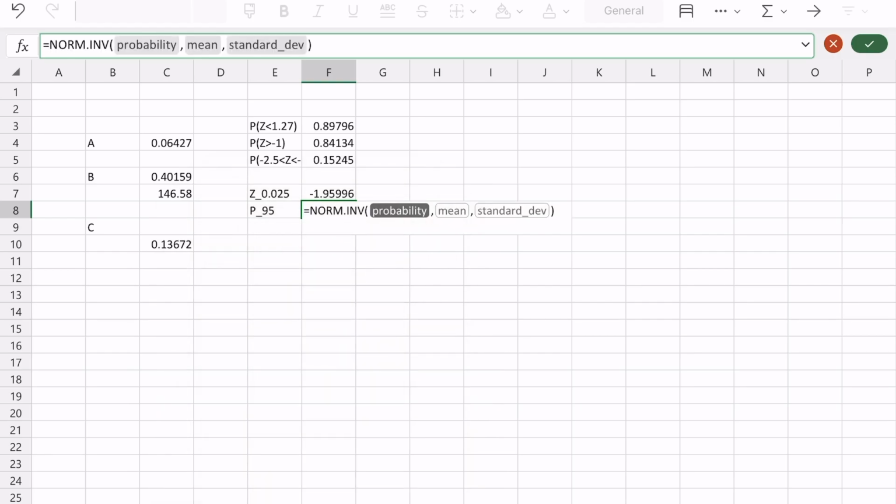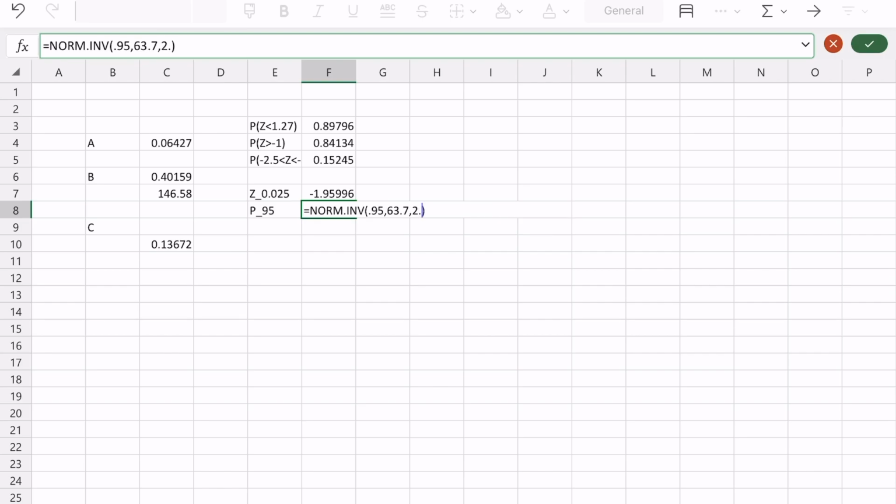Well, the probability is 0.95, because it's 95% of the population I want contained in this area, comma, the mean was, what was the mean? 63.7, comma, what's the standard deviation?